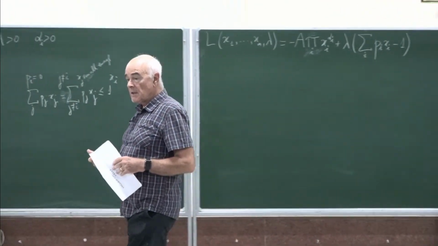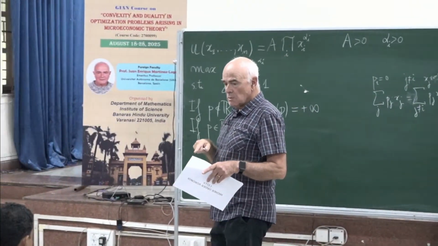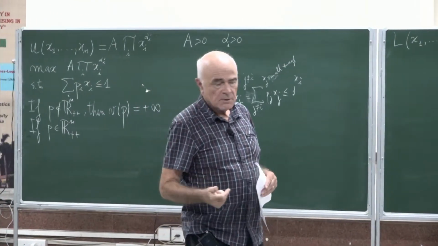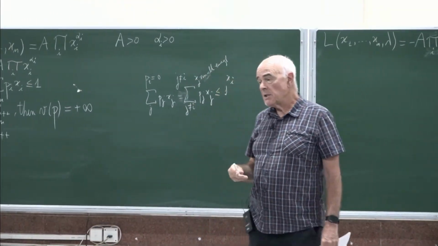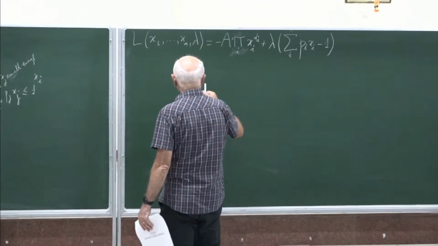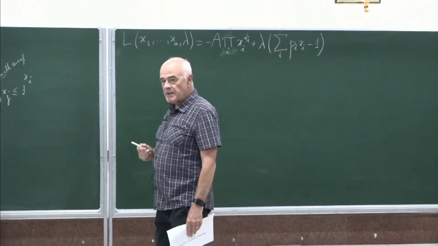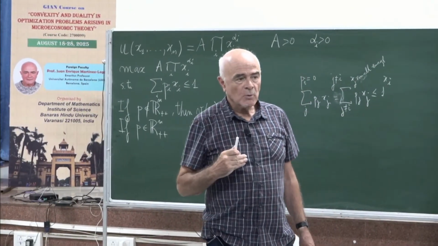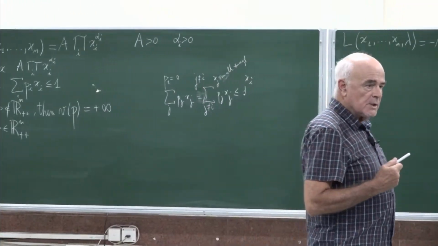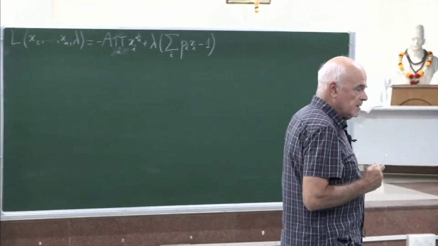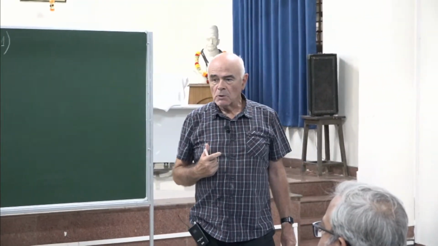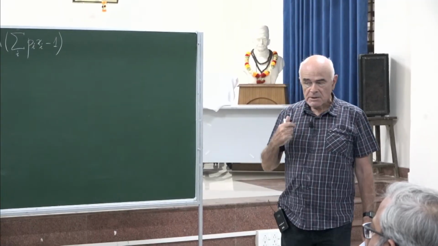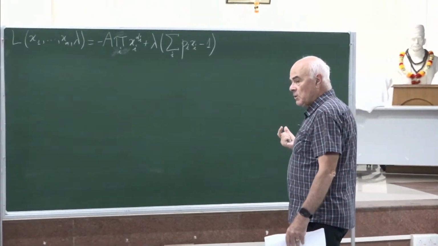And I apply the KKT theorem, but not your version, because your version was for convex problems. And this is not necessarily convex. Well, this would be convex when the sum of the alpha i's is less than or equal to 1, but we are in the general case now. But anyway, as a necessary condition, the KKT theorem also holds for differentiable functions, even in the non-convex case, as long as some regularity condition holds.